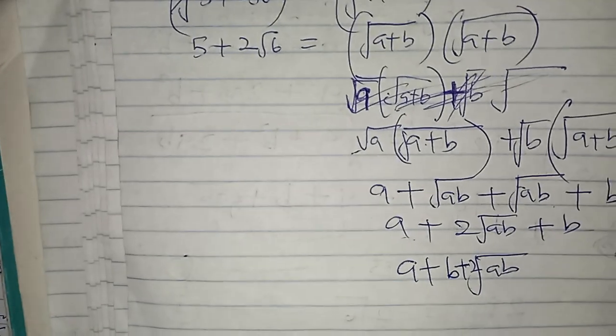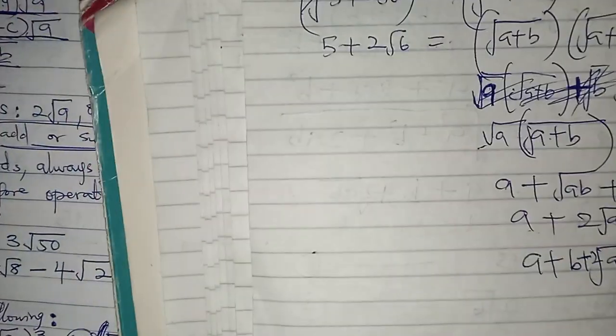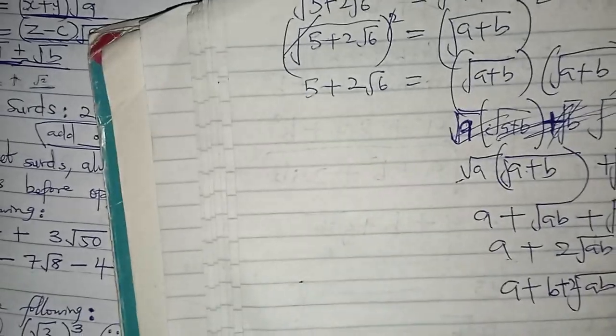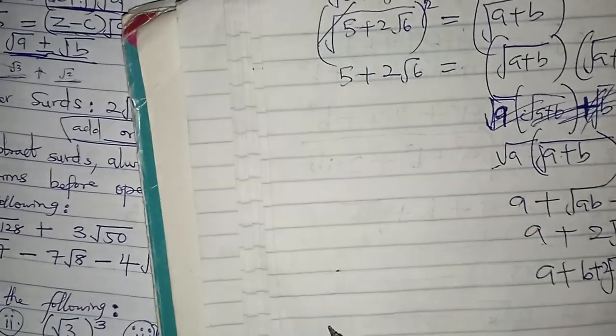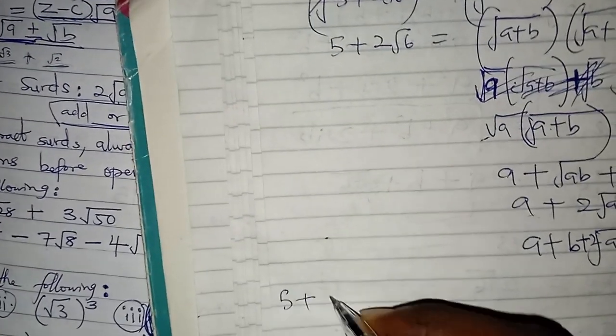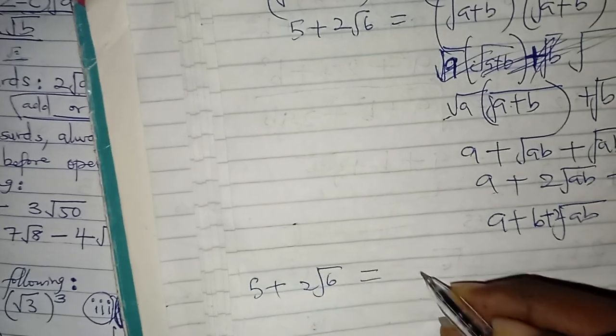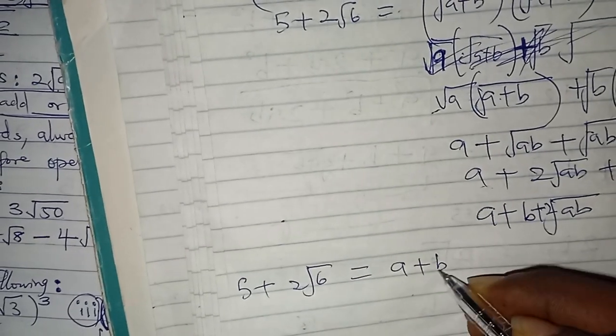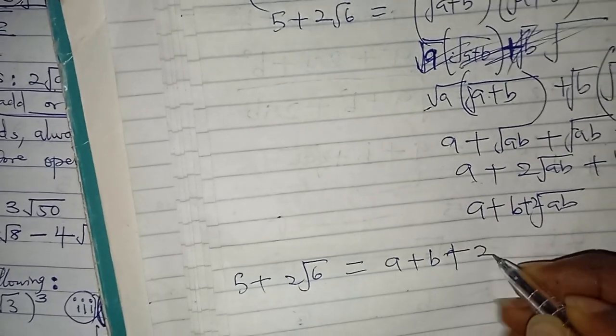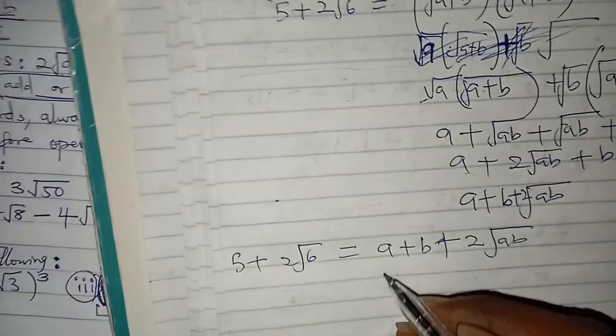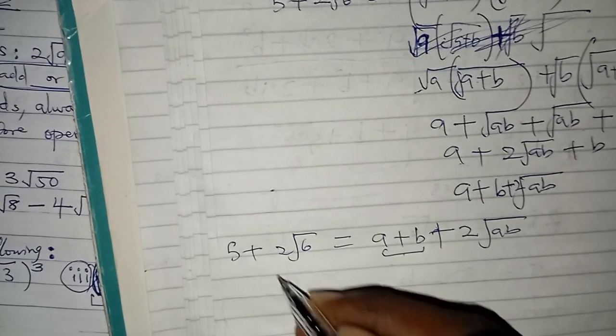So now that you've gotten that, you need to now go back and compare it with this. So remember, we have 5 plus 2 root 6. So this is all equals to a plus b plus 2 root ab. So notice that everything here is equals to this.